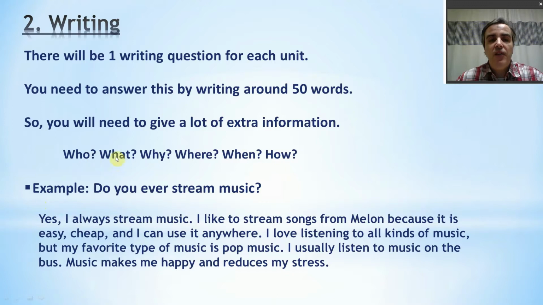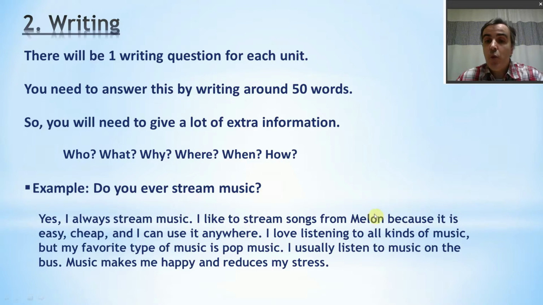Now we need to think about giving extra information to make this writing longer and around 50 words. So, first one, I like to stream songs from Melon. Oh, there we go. That's basically asking the question, where do you stream music from? So I like to stream songs from Melon because it is easy, cheap, and I can use it anywhere.